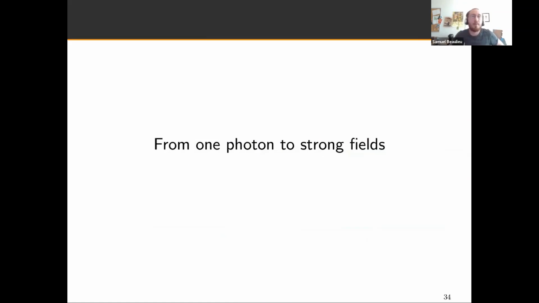Okay, so now that we have seen, not in detail, but an overview of time-resolved photoelectron circular dichroism and how it can be used to probe ultrafast dynamics of gas phase molecules on very fast time scales, I would like to switch gears a bit and show you how photoelectron circular dichroism evolves when you go from single photon ionization to REMPI and until you reach the tunneling ionization regime by cranking up the laser intensity.